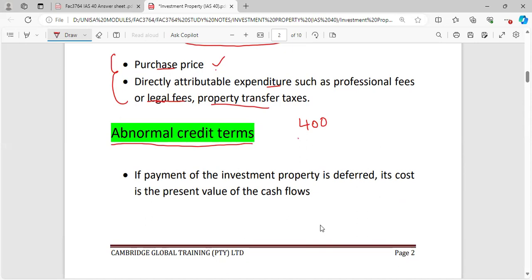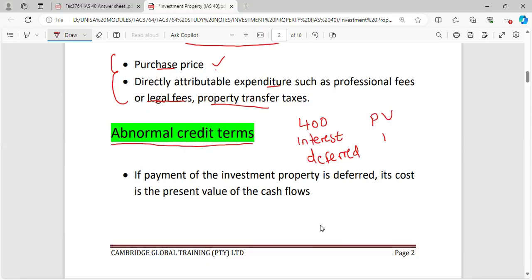You need to be careful in a question. If the question says the payment is going to be deferred to a certain period, then you need to separate the present value and the interest.